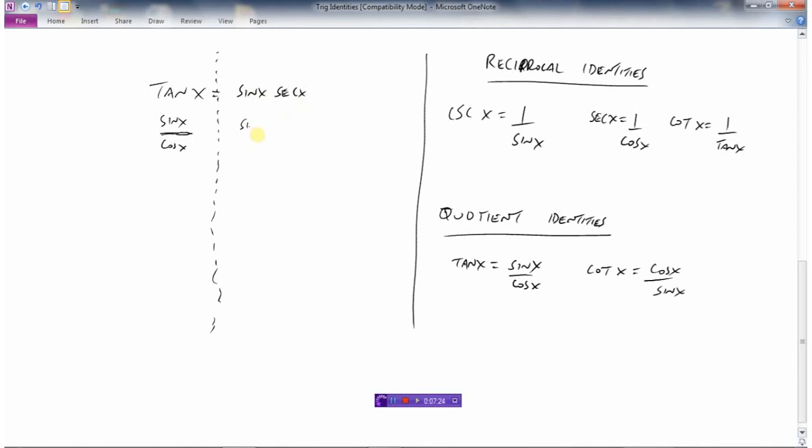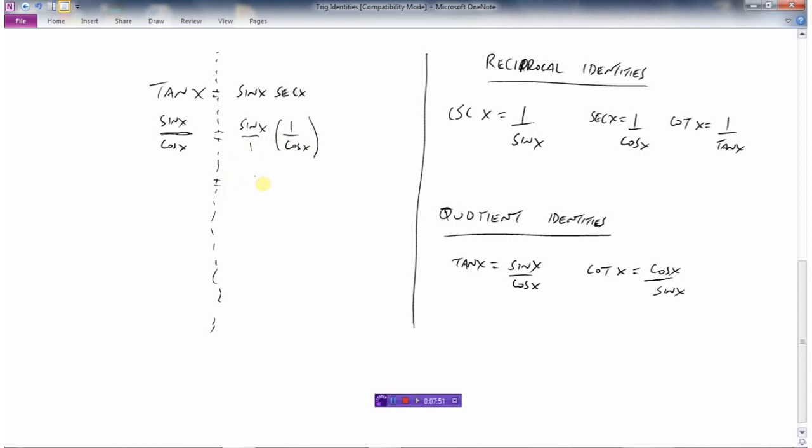So this first one is already in terms of sine x, so I'm going to leave that. But secant x, here's the identity right here. Secant x is the same thing as 1 over cosine x. So I'm going to write secant x as 1 over cosine x. And now sine x is the same as sine x over 1 as a fraction. So now I can multiply these things together.